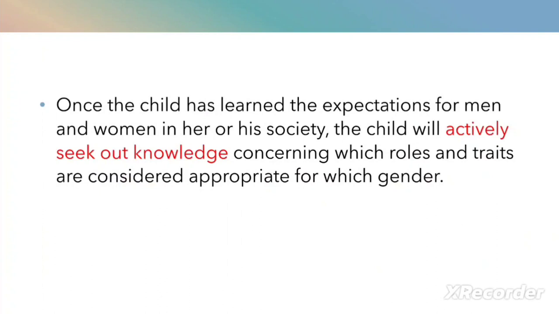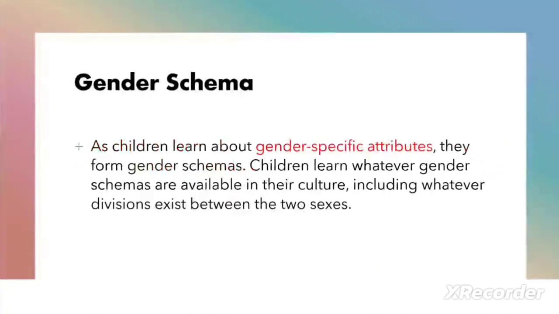After the child learns what is expected of men and women in society, they will act according to that knowledge. After learning about gender specific attributes, they will develop their own gender schemas, and these gender schemas can be developed according to their culture and their environment.